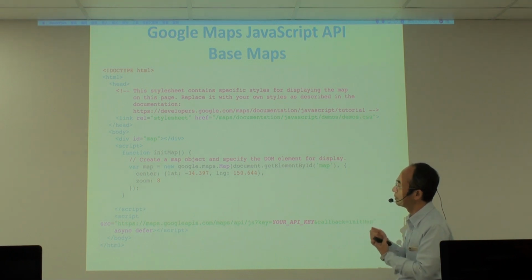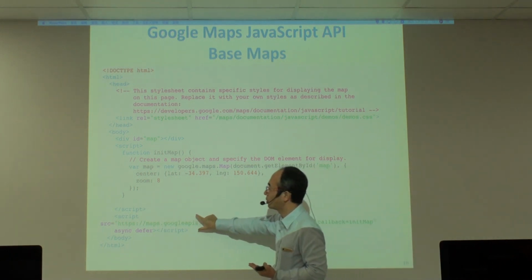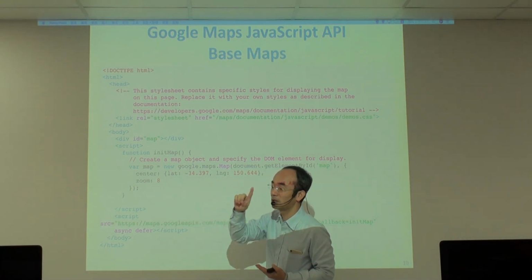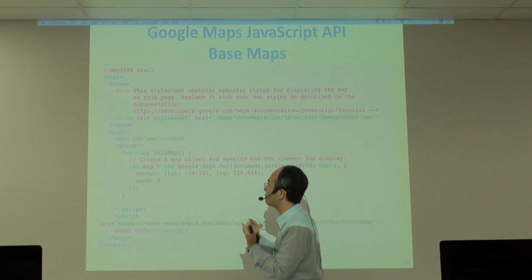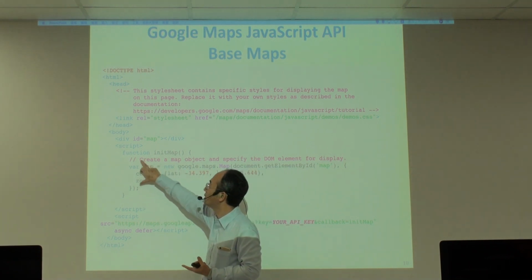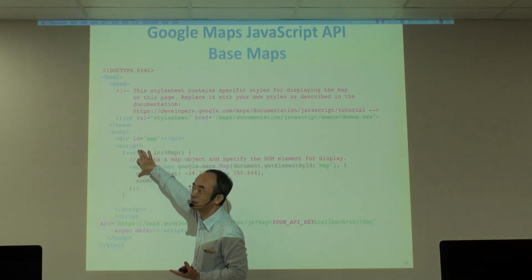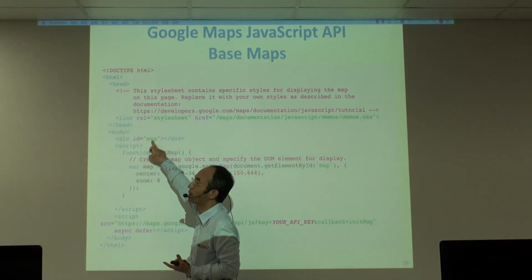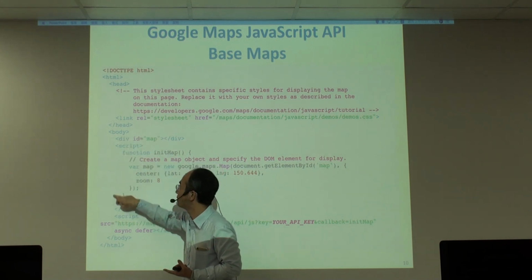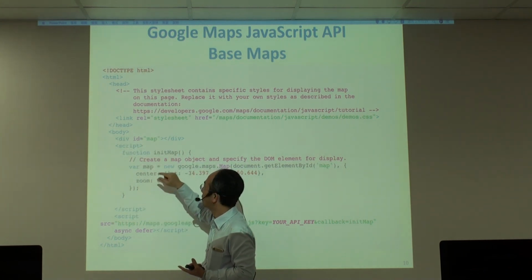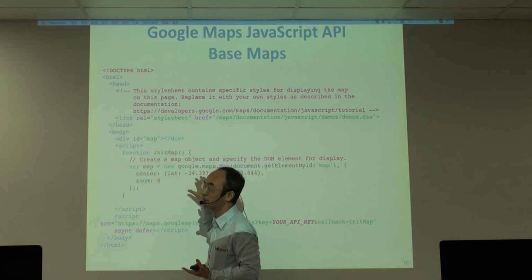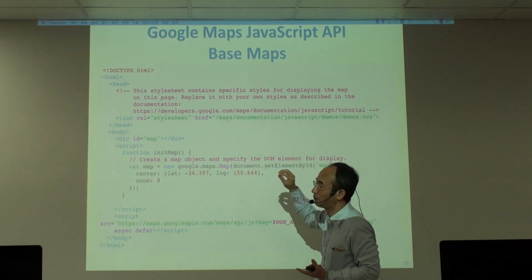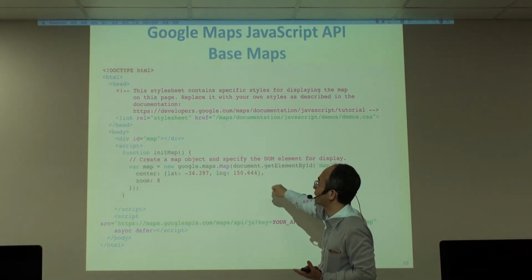The first step is to include the Google Maps API script in your app. This is step number 1. Step number 2 is to copy this script within a div element with ID map, or you can decide a name for yourself. This is the second step, to copy this JavaScript and paste it into your index.html.